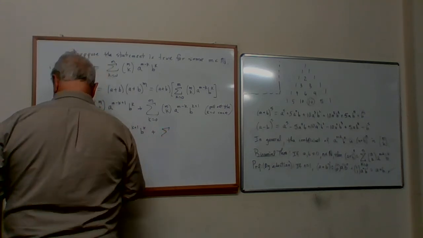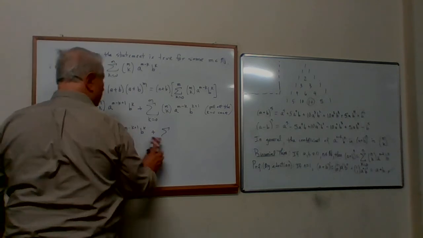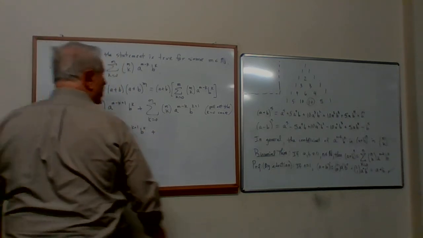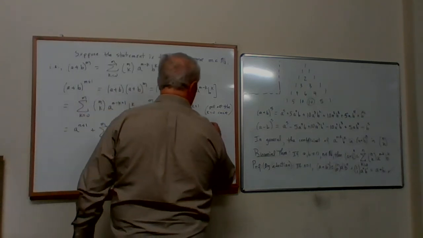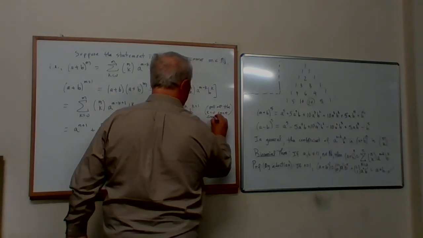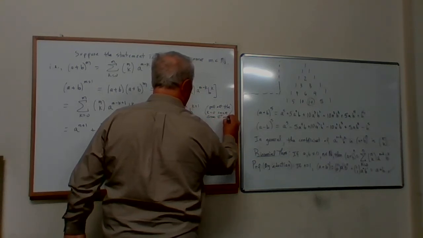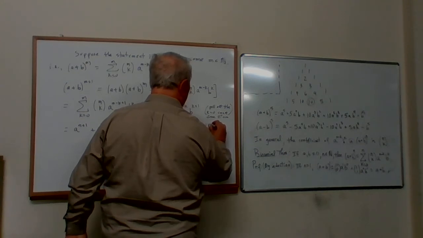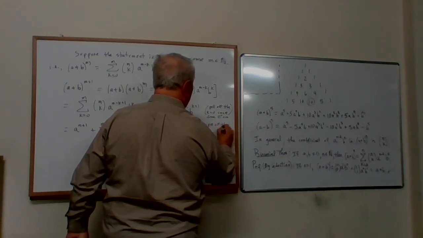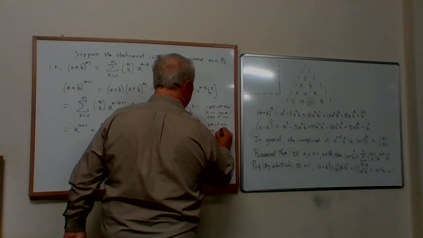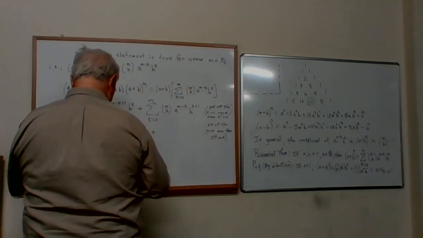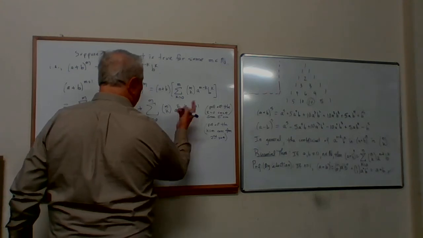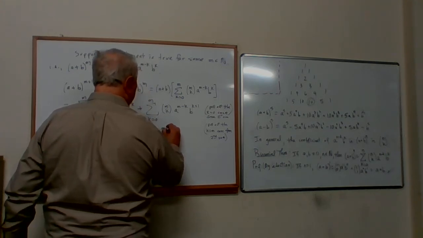Plus, in the second one, I'm going to pull out the k equals m case from the second sum. I'm going to separate it out. So k is equal to m, so that's b to the m plus 1.